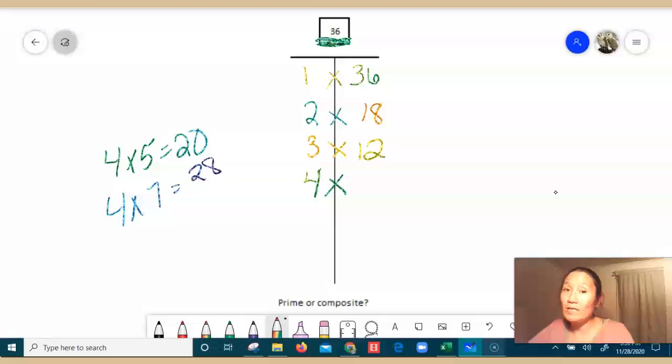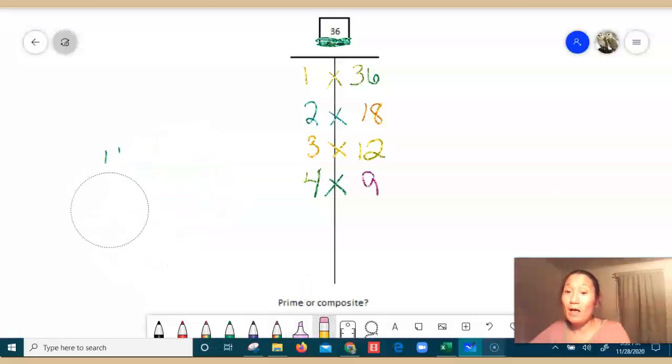Okay, 4 times 9 equals 36. So, yeah, that works. 4 times 9, okay, equals 36 as well.